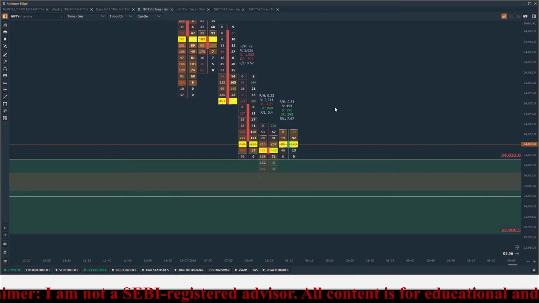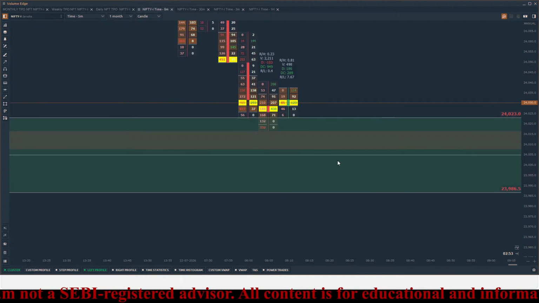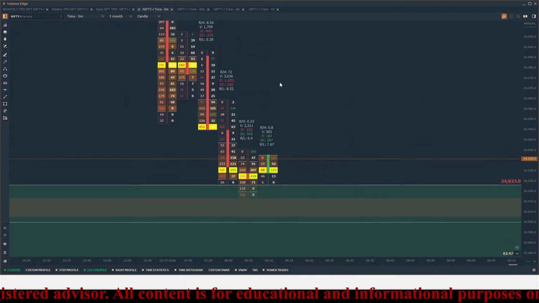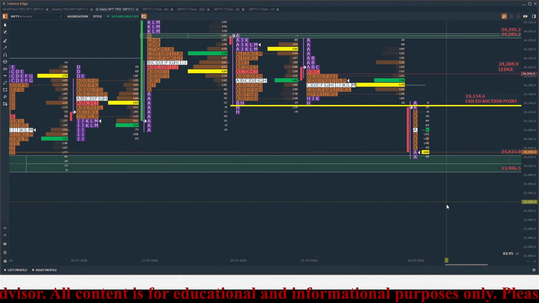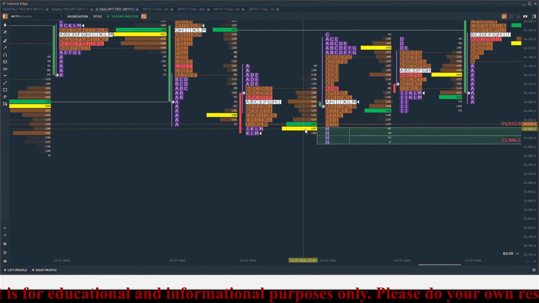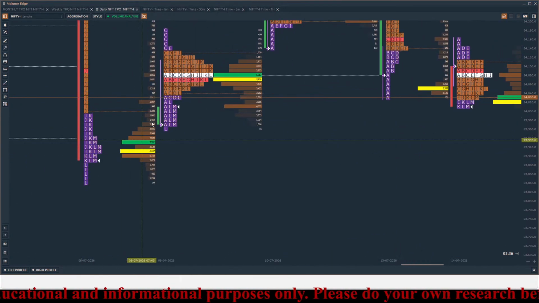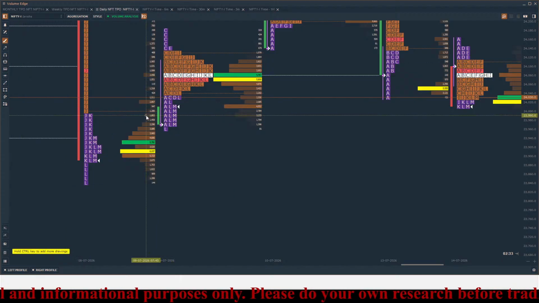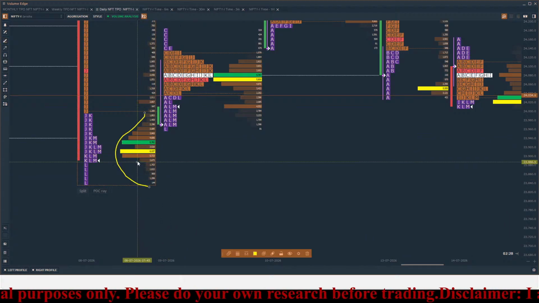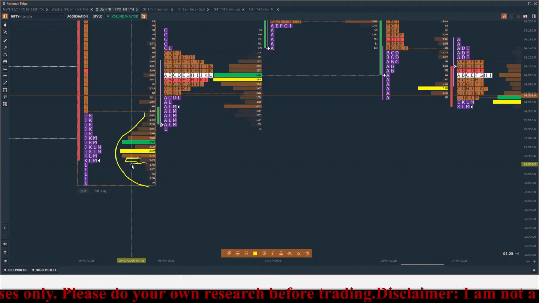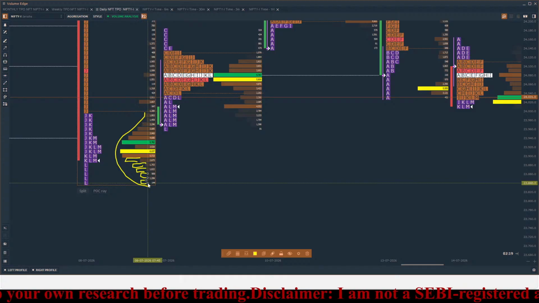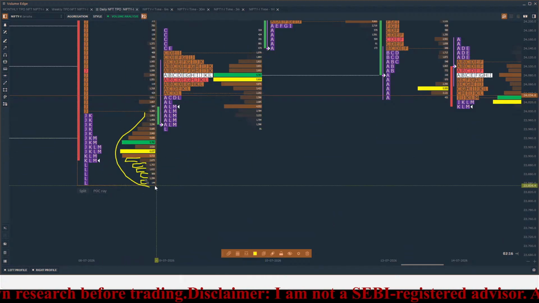If it wants to break, then we can try for something. If it stays in this location, so like this it has to build.